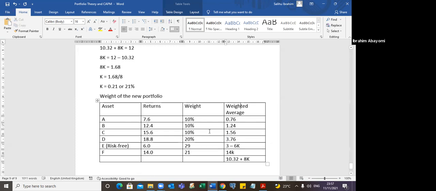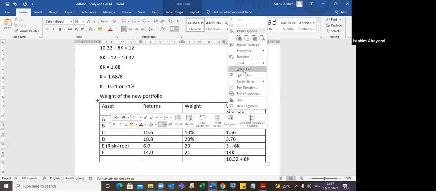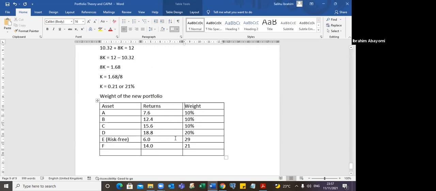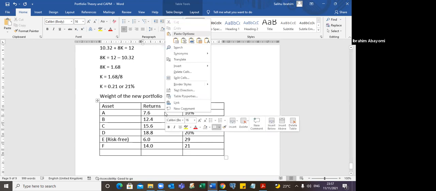So it means the new weight is going to be... I don't need this column. Let me remove it. It's only the weight that I'm asked to calculate. Even this return, I don't want it.